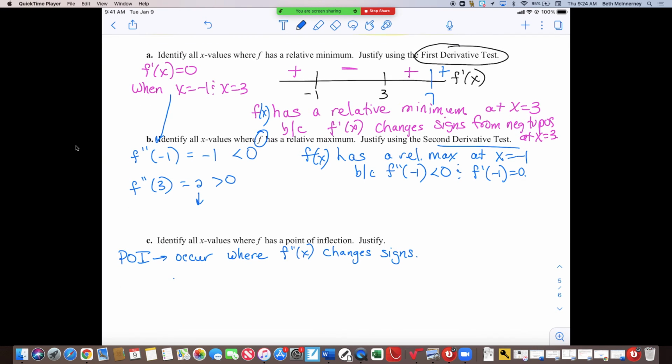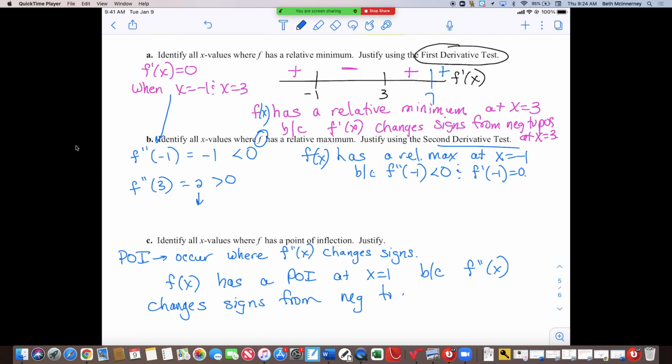So I would say, and if you want, I'll say f of x has a point of inflection at x is 1 because f double prime of x changes signs from negative to positive at x equals 1, and f double prime of 1 is 0, like that.